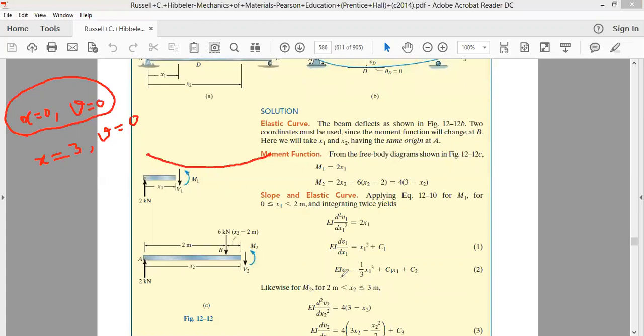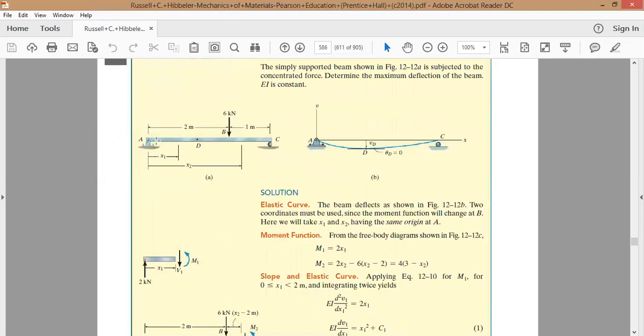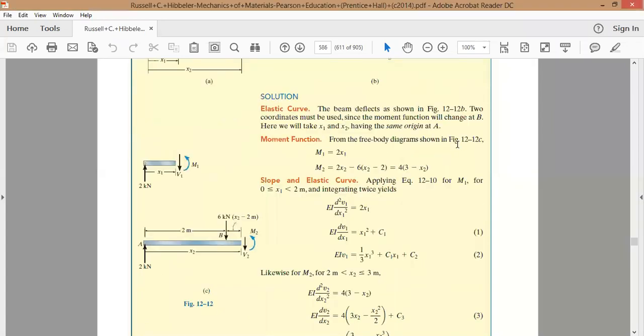This one. You know why? Because this equation is valid for the region going from x equal to 0 to x equal to 2 meter.